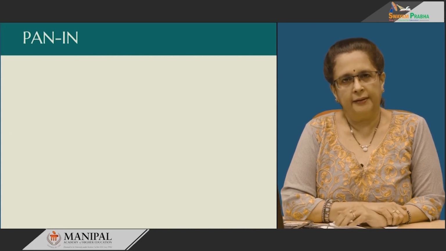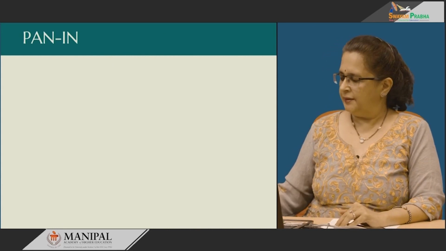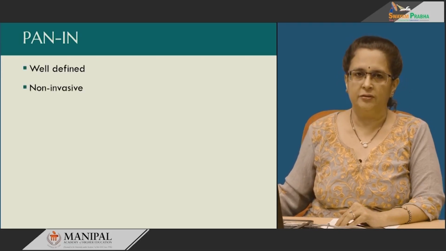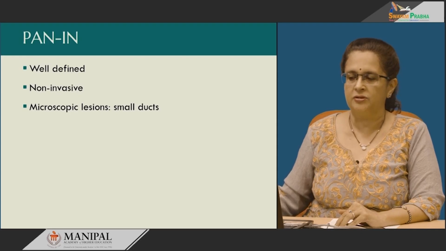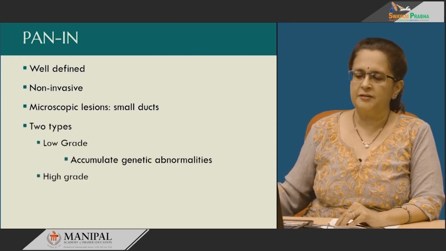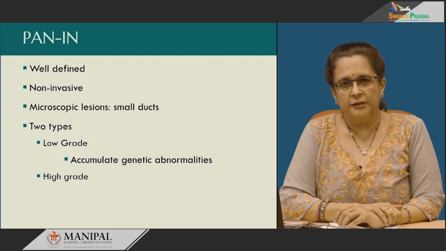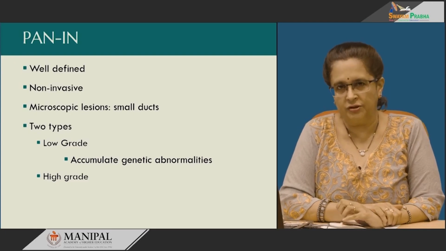So, what exactly is PanIN? PanIN or pancreatic intraepithelial neoplasm is a well defined lesion which is non-invasive and starts from the small ducts, therefore, it is a microscopic lesion. There are two types, low grade and high grade. So, initially whenever there is a telomere shortening, it becomes a low grade PanIN.